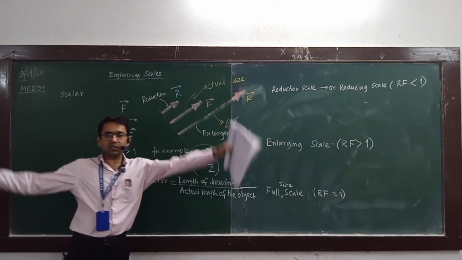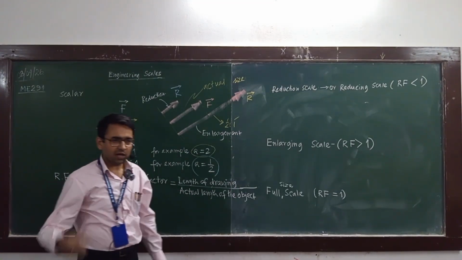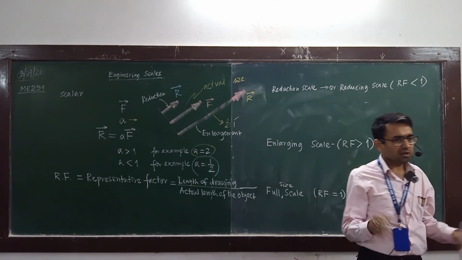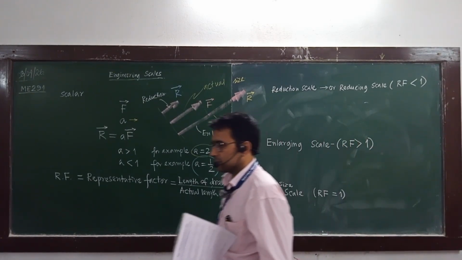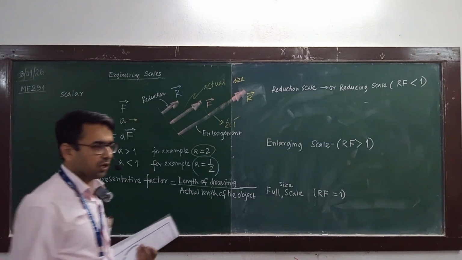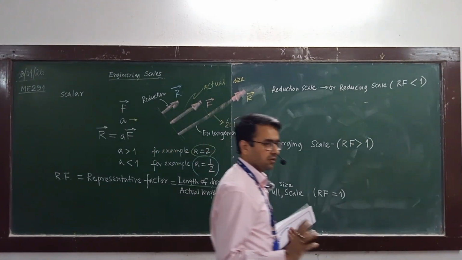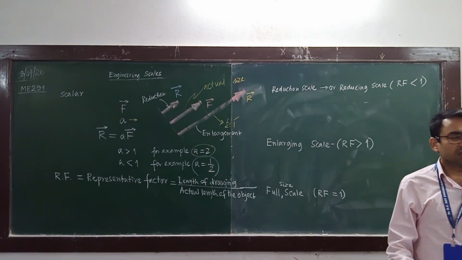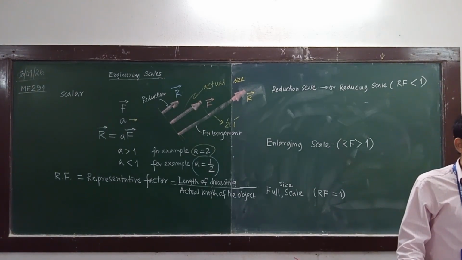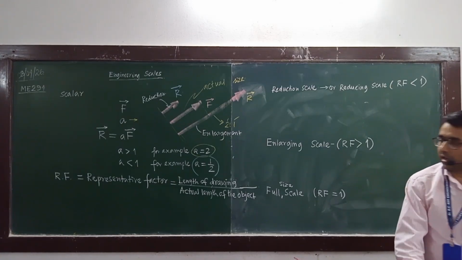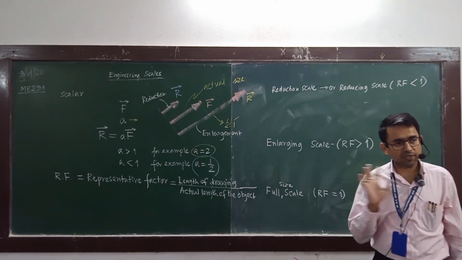When the object is very large, I need not draw it with actual size. I can reduce it, and even in reducing the dimension, we will not lose any accuracy, at least in the drawing. So we will reduce it comfortably so that we can draw and print in a particular size. Clear? And full scale means when we are drawing with the exact dimension.